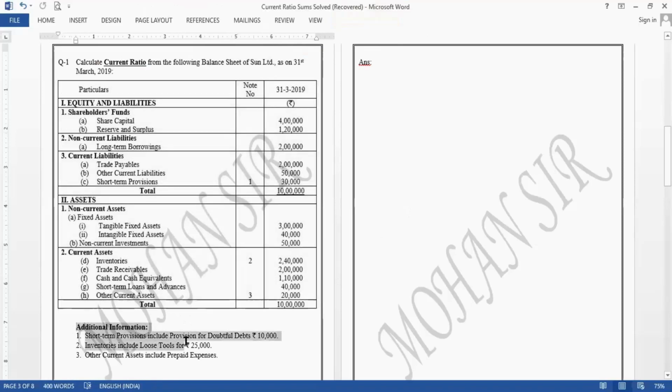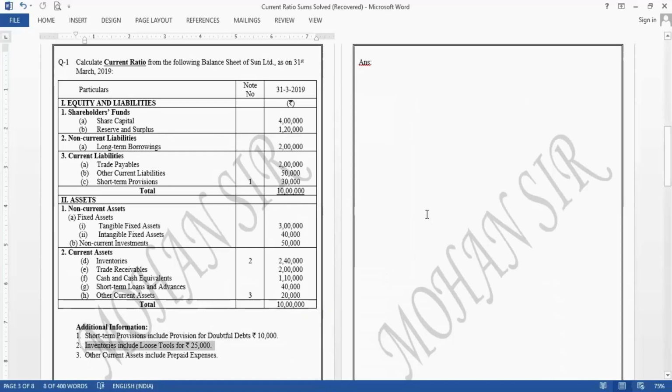First one, short-term provision include provision for doubtful debt rupees 10,000. We already have discussed earlier, this amount has to be deducted from trade receivables and short-term provisions for calculating current ratio. Second is inventories include loose tools of rupees 25,000.